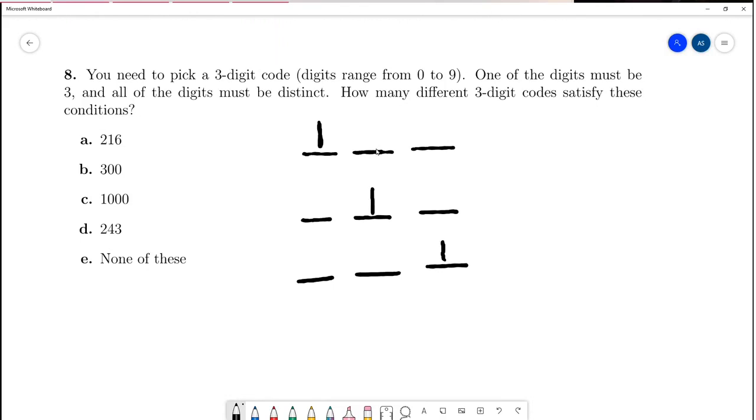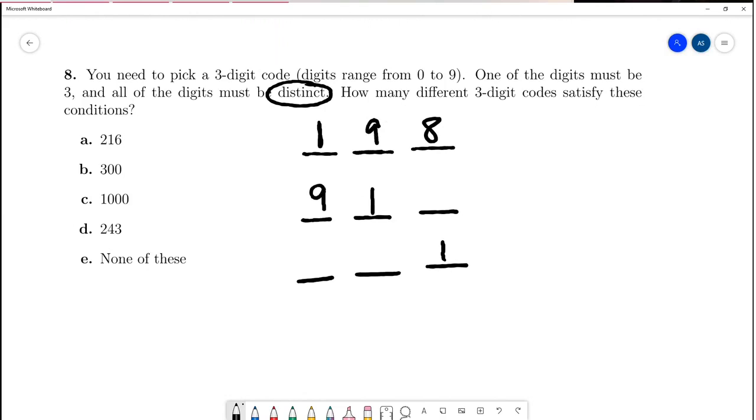Then, back to what I was saying before, I have 9 different digits that could be in that second position. I know it's 9 possibilities instead of 10 because it says that all the digits must be distinct. For this last position, I only have 8 choices because that has to be different from the other 2.